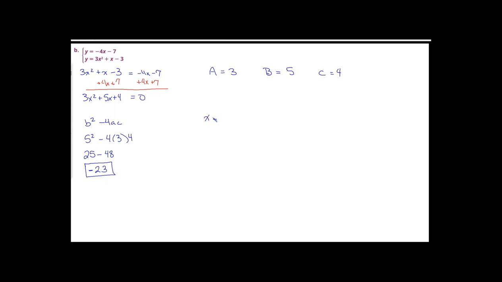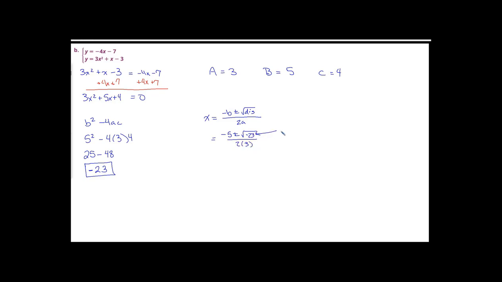So when we're plugging that in, that's going to go under our square root. So let's go ahead and plug it into the quadratic formula. Negative b plus or minus the square root of our discriminant over 2a. So opposite of b is negative 5, plus or minus the square root of negative 23 over 2a. And a was the 3.